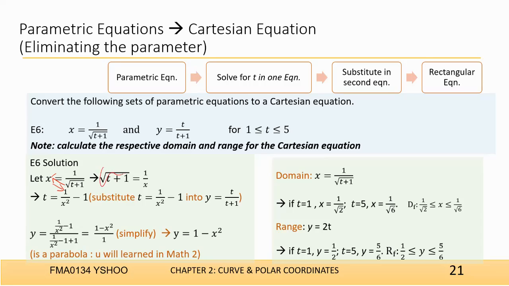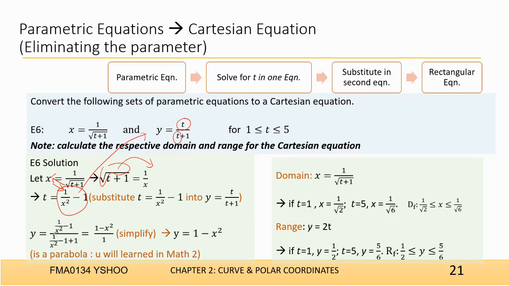And then my square root, bring it to this side, will be power of 2. So I have 1 over x squared. Then this plus 1 will become -1. So what I need to do, I substitute 1 over x squared minus 1 into my y. Whenever you see t, you substitute with the 1 over x squared minus 1.